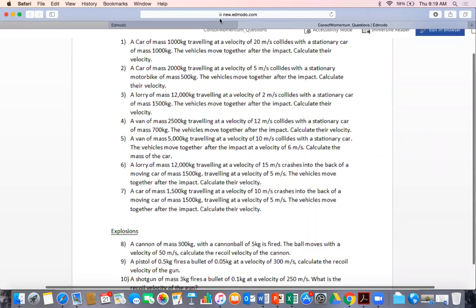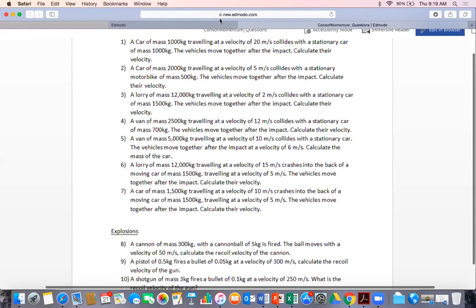So the car is stationary, meaning the velocity of the car at the start is how many? The car is stationary. So what is the speed of the car? 0, because it's not moving. Okay, I don't know what is the mass of the car because that's what I want to find out. The vehicles move together after the impact at a velocity of 6.